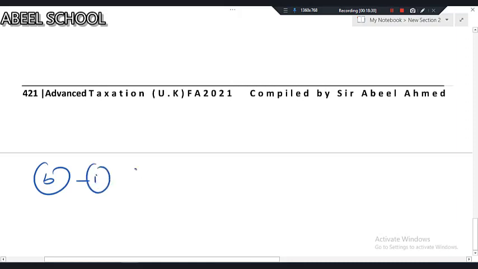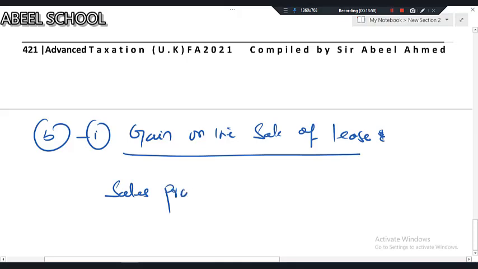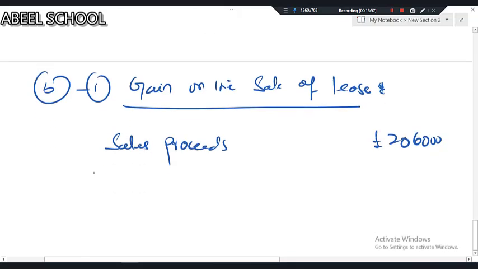Gain on the sale of lease. Sale proceed is 2,06,000, less allowable cost. The premium paid is 1,65,000.